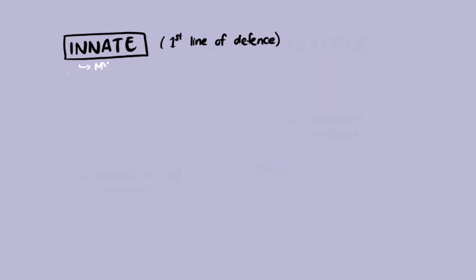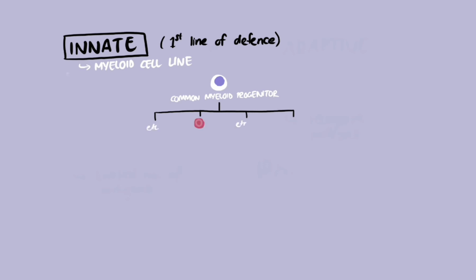So looking at the innate system, you can also see it as the first line of defense. And most of the cells that are involved in the innate immune system come from the myeloid cell line. So that begins with the common myeloid progenitor. The common myeloid progenitor differentiates into many cells, including erythrocytes, also known as red blood cells.